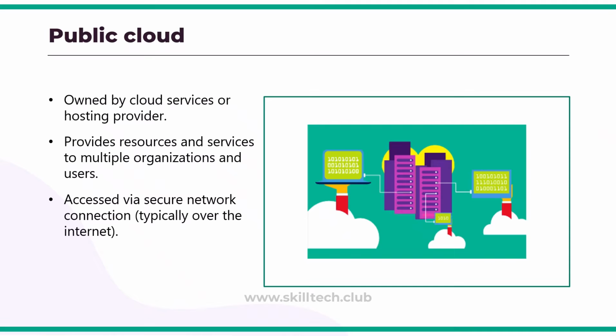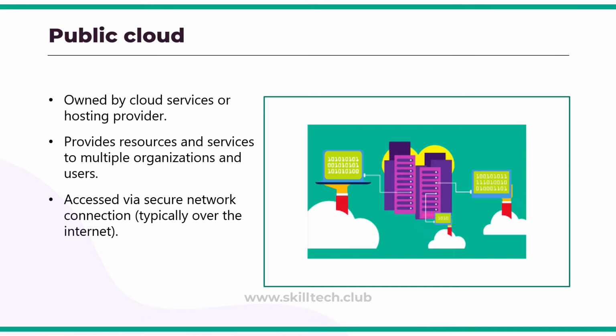They provide resources and services to multiple organizations and users. So this is not restricted to a particular kind of customer. They provide services to even a college student who has just passed out of college and is trying to explore cloud, and even the big tech giants are using public cloud services.